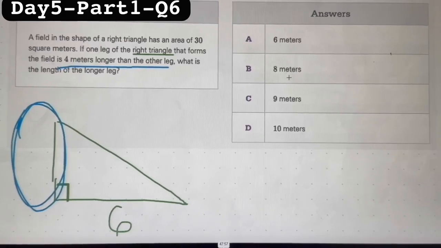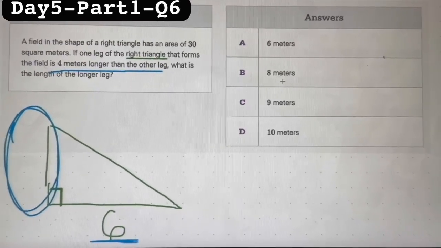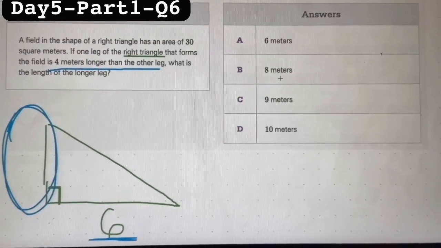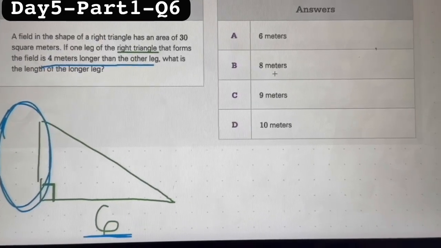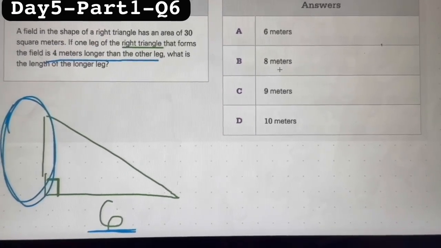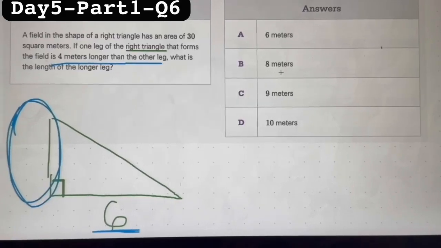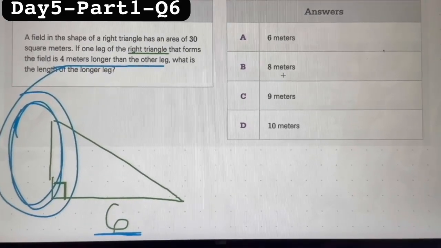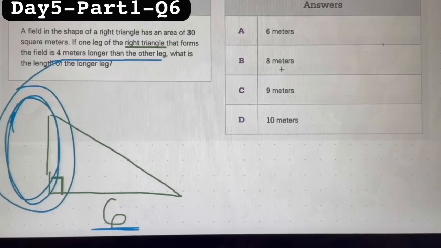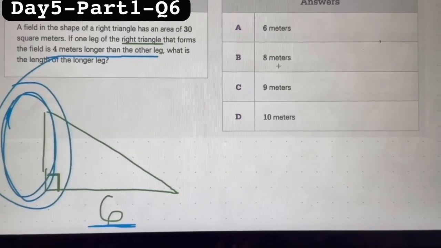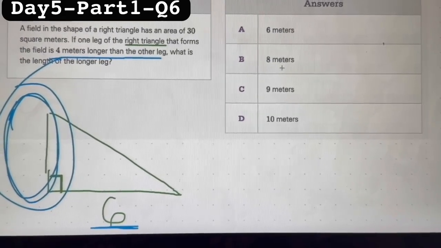So 6 is 4 meters longer than the other leg. If this one was bigger, then yes, but it's smaller. So it's got to be smaller than 6.